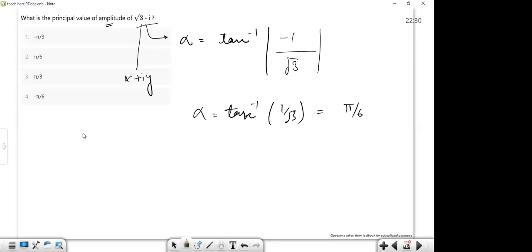What is the sign of x and y here? Y is negative and x is positive. So in which quadrant is it lying?